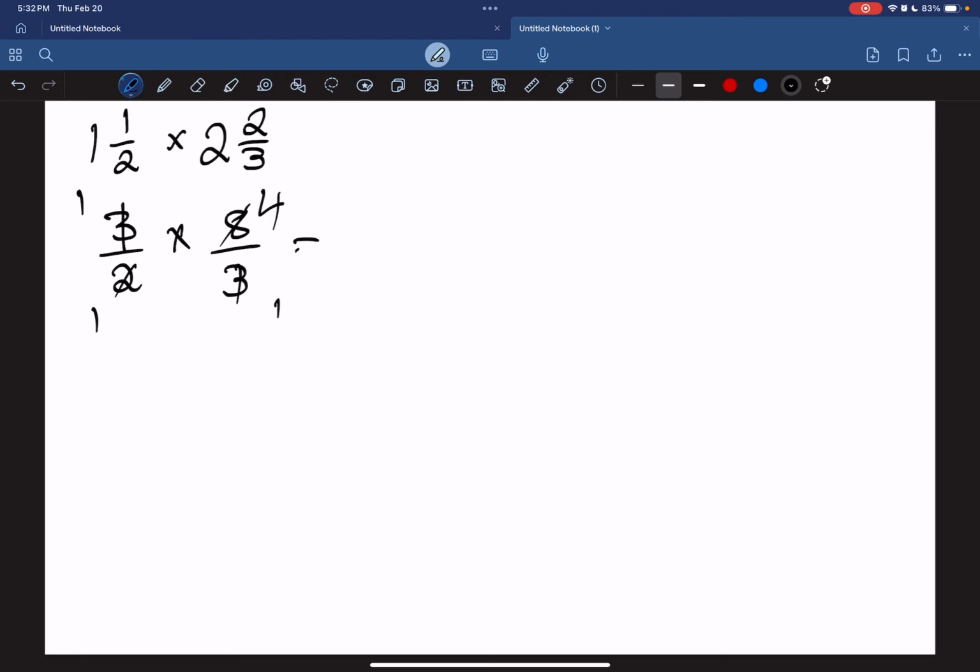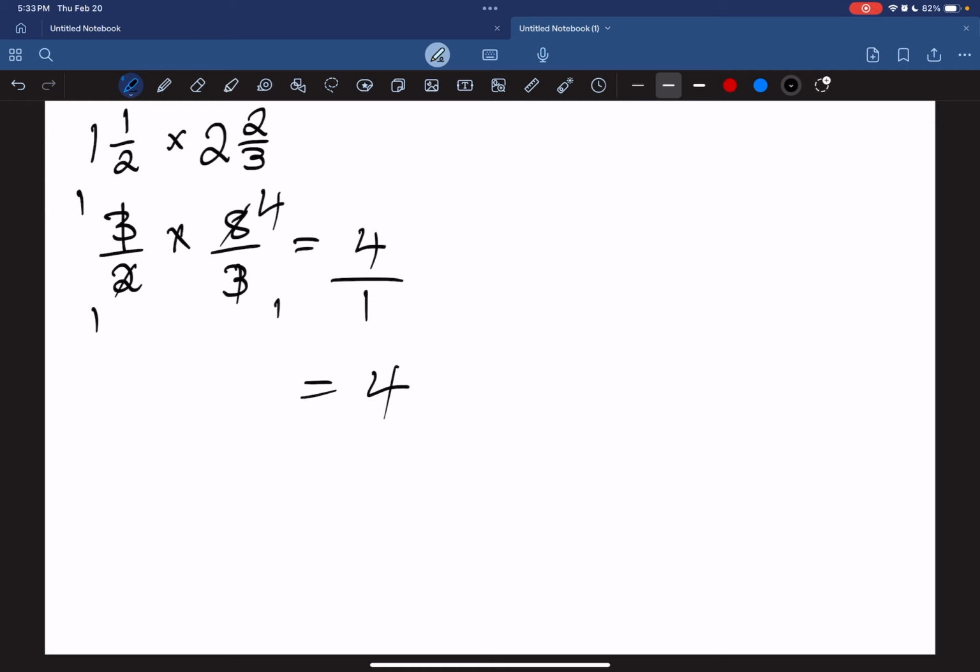In the numerator, I have a 1 and a 4, and 1 times 4, that's 4. In the denominator, I have a 1 and another 1, so 1 times 1, that's 1. Anything over 1 is what? The original number that's in the numerator, which is a 4.